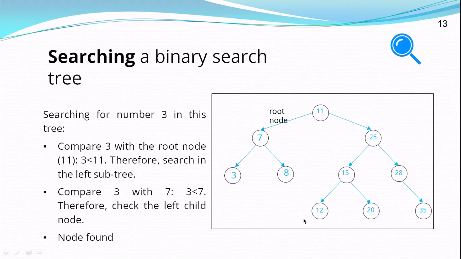It doesn't have any subtrees attached to it. So I'd have to report the fact that the binary search tree does not contain the value 15, sorry, because I assumed that 15 had been changed to 16, and I'm looking for 15.